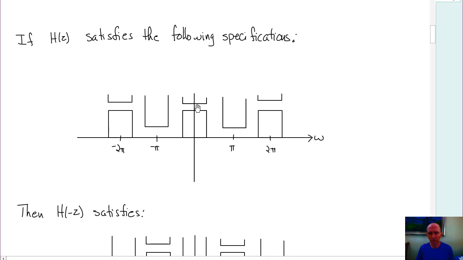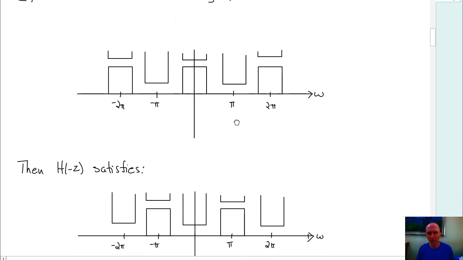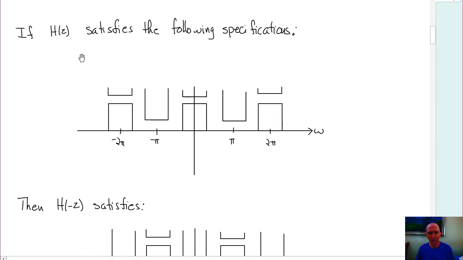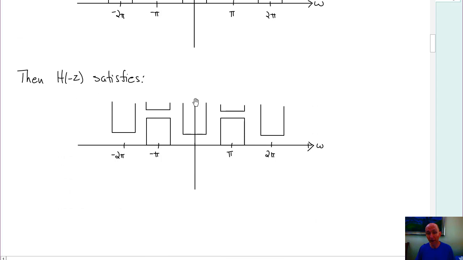So this is a low-pass filter, right? Passes frequencies close to 0, attenuates frequencies close to pi. Now, if we shift this by pi, this is what we get. We get a frequency response that attenuates the low frequencies and passes the high frequencies. So if h of z satisfies these specifications, h of minus z is going to satisfy these specifications.